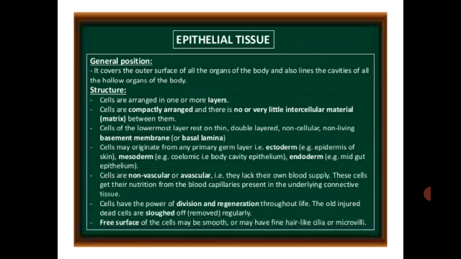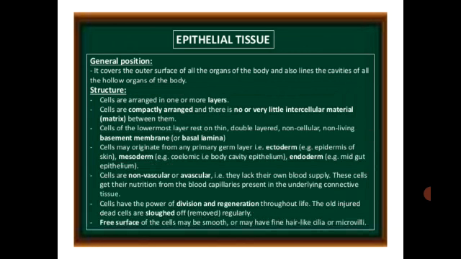Epithelial tissues. It covers the outer surface of all the organs of the body and also lines the cavity of the hollow organs of the body. Cells are arranged in one or more layers. Cells are compactly arranged and there is no or very little intercellular material between them.